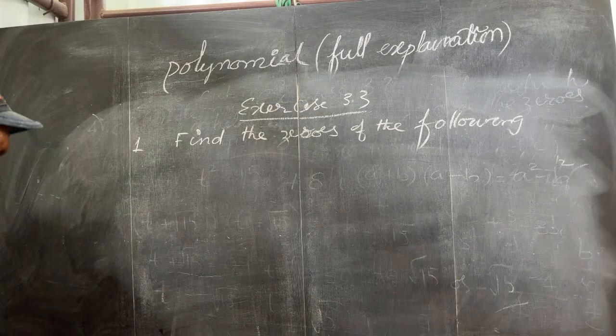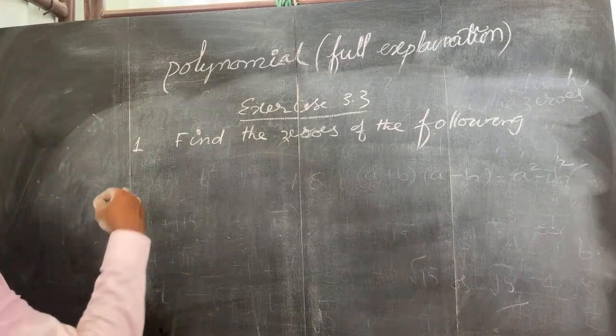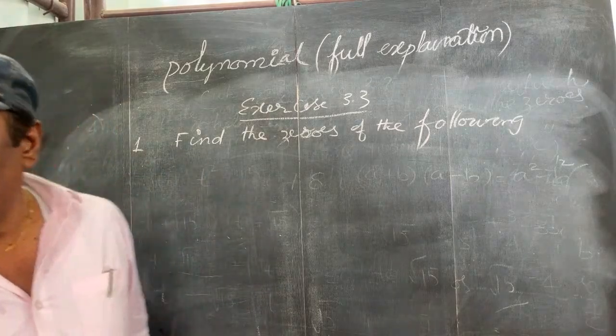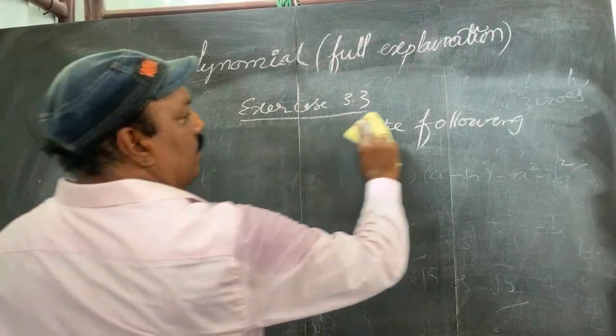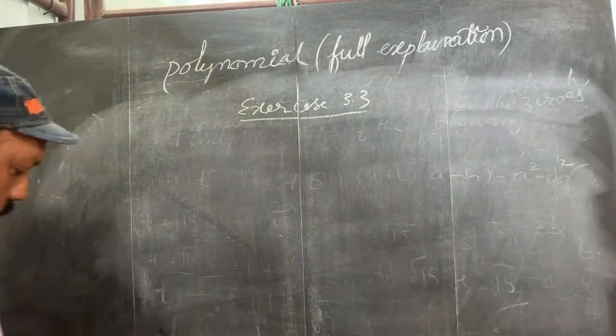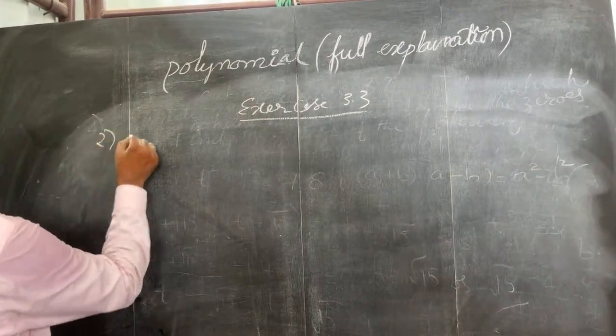Now we are going to go to the next one. First sum we finished. Now second sum: find the quadratic polynomial. What is the second question here?